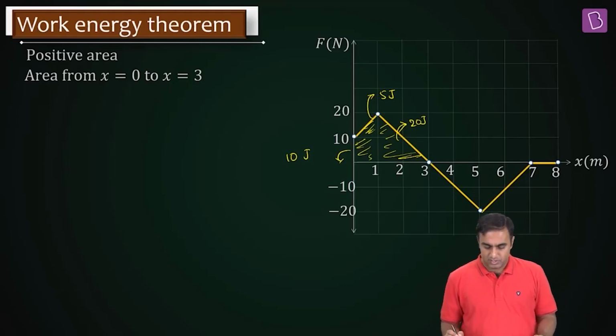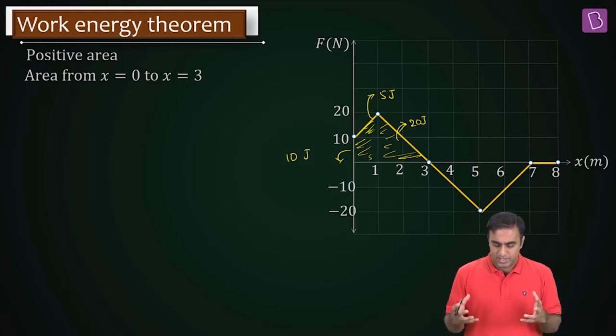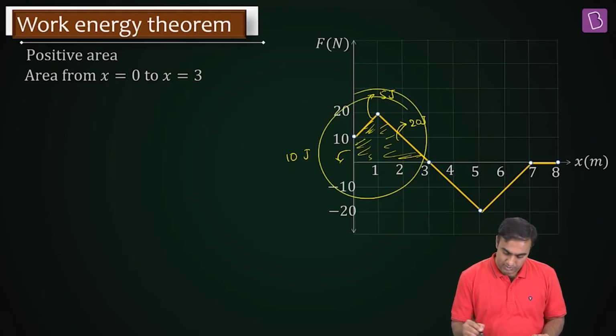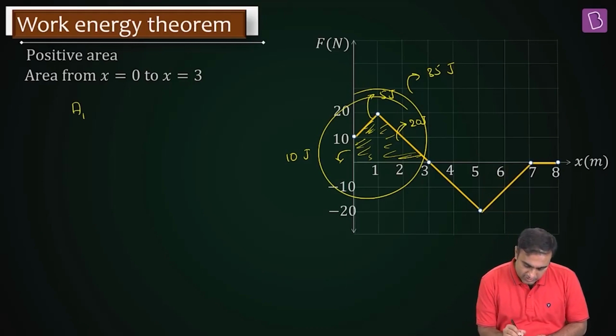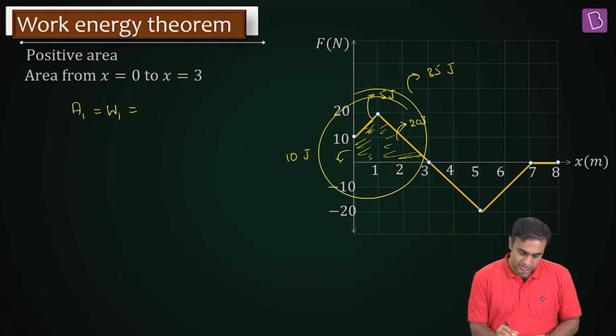All right. So what is the positive area put together here? This is 35 joule.